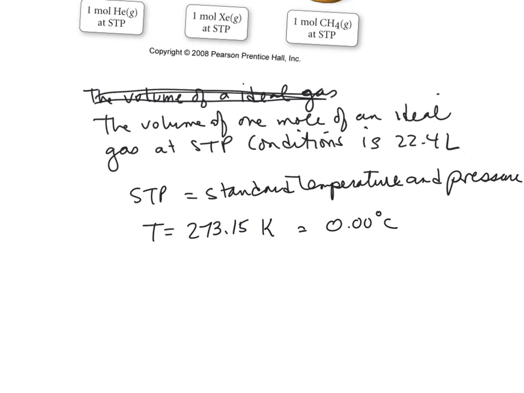When we get to the thermodynamics chapter, then we'll find that standard temperature is 25 degrees C, which is 298 Kelvin. But for gases, this is the standard temperature that's referred to. Then the standard pressure is 1 atmosphere. Okay, so the volume of a mole of ideal gas at standard temperature and pressure conditions is 22.4 liters.